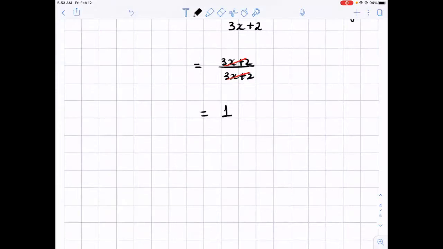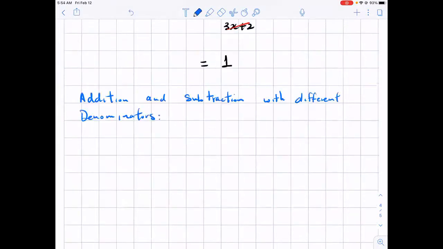Now let's look at cases where the denominators are not the same. What happens when the denominators are not the same? So now we'll look at addition and subtraction with different denominators.